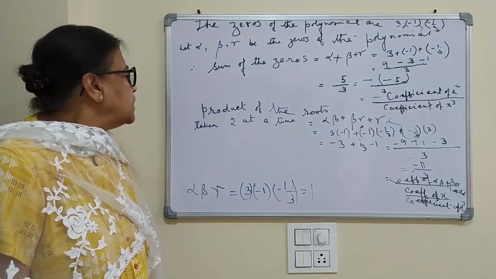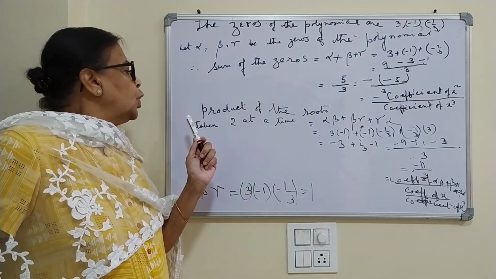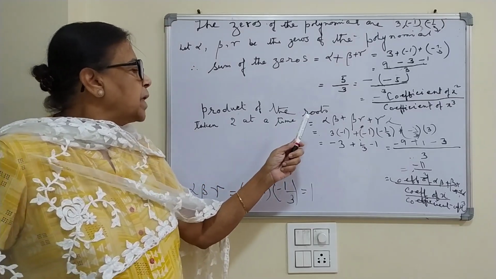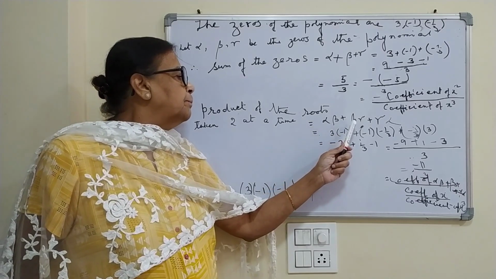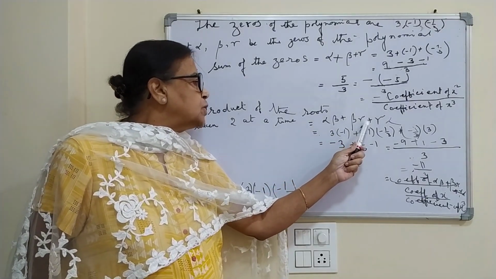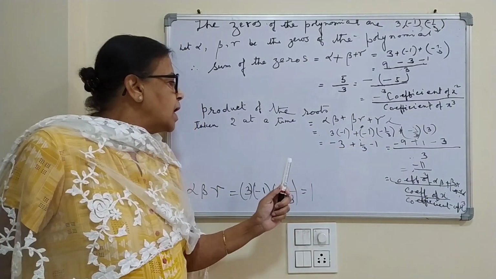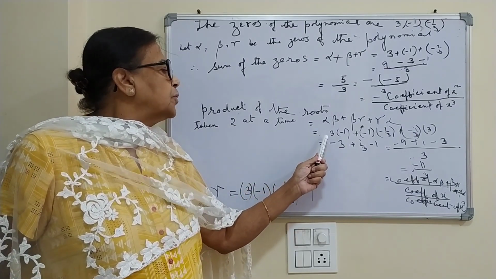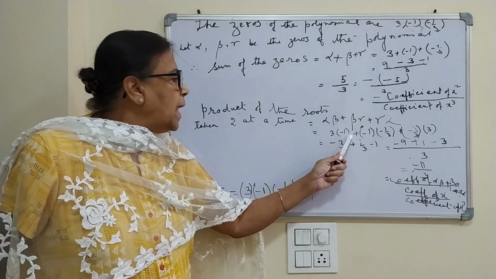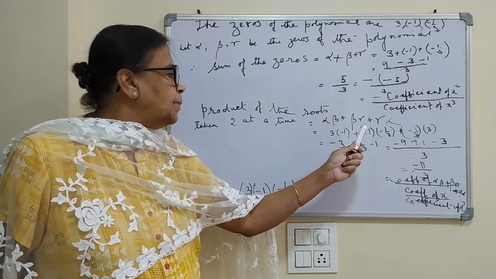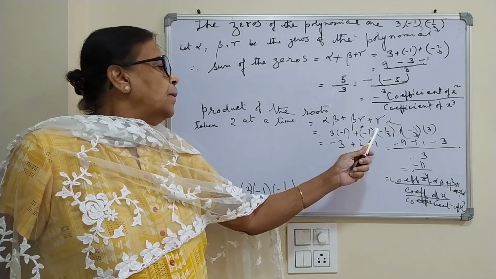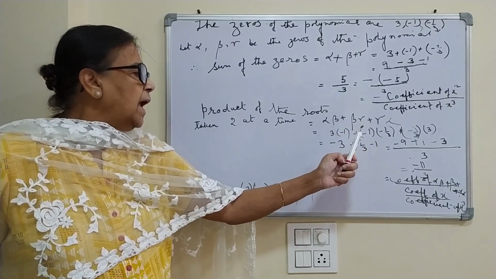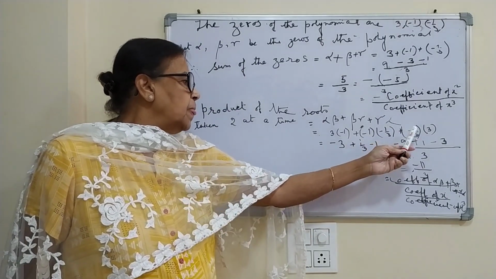Okay. The sum of the products of the zeros taken two at a time, alpha beta plus beta gamma plus gamma alpha, is equal to 3 into minus 1 plus minus 1 into minus 1 by 3 plus, gamma is minus 1 by 3 and alpha is 3.